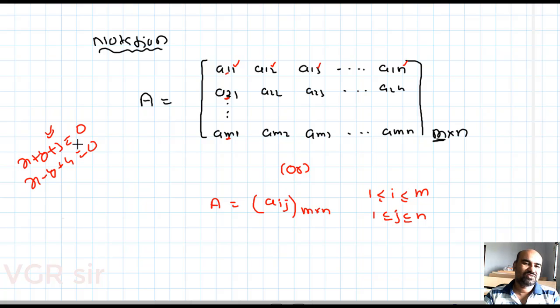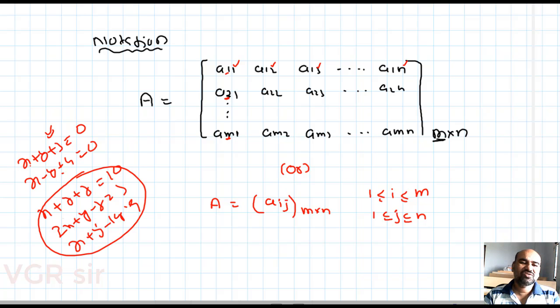With n unknowns, here 2 unknowns, we need 2 equations. For example, to solve 3 unknowns, we need at least 3 equations: 2x plus y minus z equal to 3, x plus y minus 10z equal to 9. 3 unknowns, 3 equations. The easiest method to solve this is the matrices method. By using the matrices method, we can solve n unknowns with n equations.